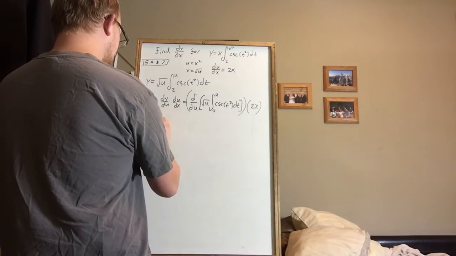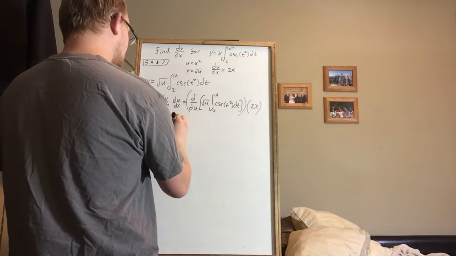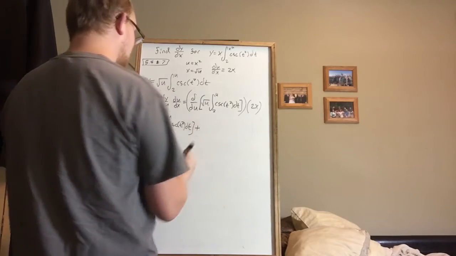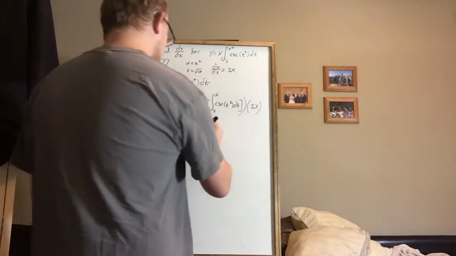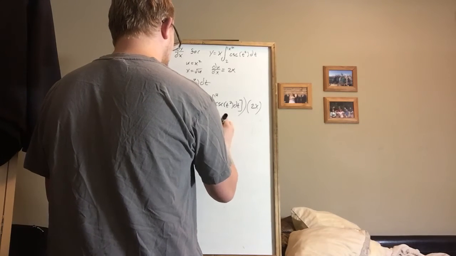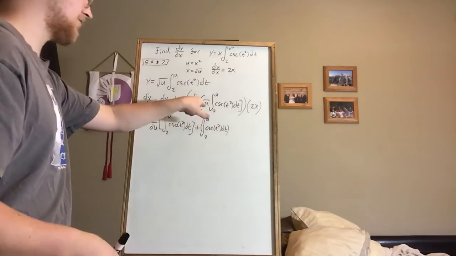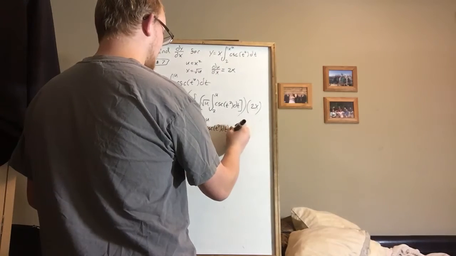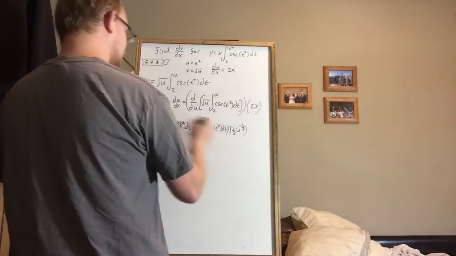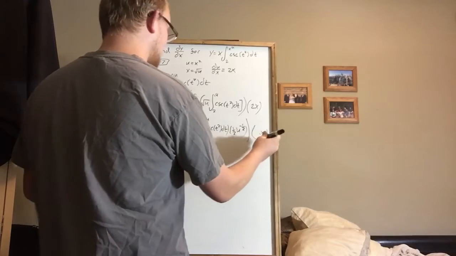D second is the derivative with respect to u of the integral from 2 to u of cosecant t squared dt, plus second, which is the integral from 2 to u of cosecant t squared dt, times d first. The derivative of u to the 1/2 is 1/2 u to the minus 1/2. Then this whole thing needs parentheses around it, and we multiply by 2x, which represents du/dx.